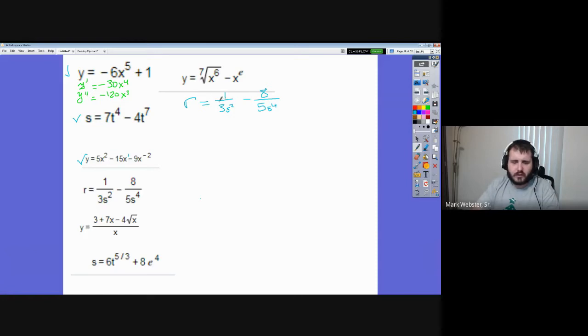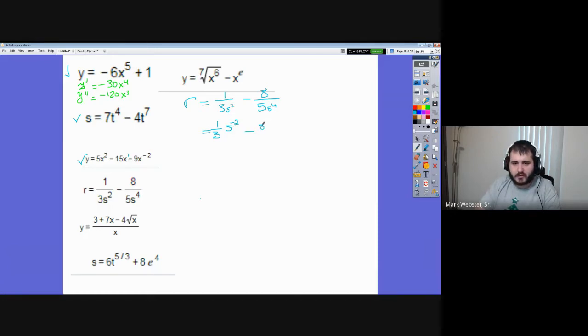First of all, let's get rid of the numbers. Let's rewrite that as a fraction. Now let's take this s squared that's in the denominator and rewrite it as an exponent normally. So this is really 1/3 times s to the negative 2, right?